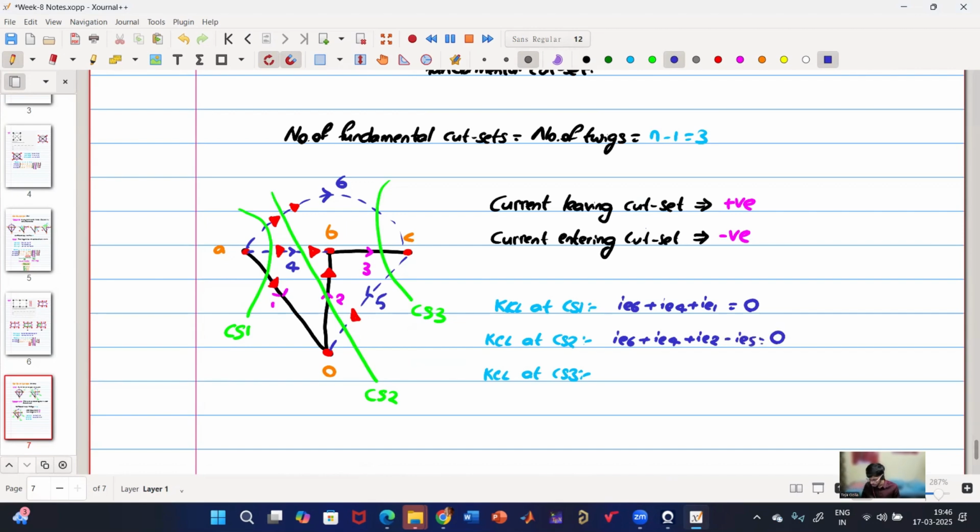Yeah, very good. So now let us go to cut set 3. So this is leaving, this is also leaving, and this is entering. So what will be the expression?